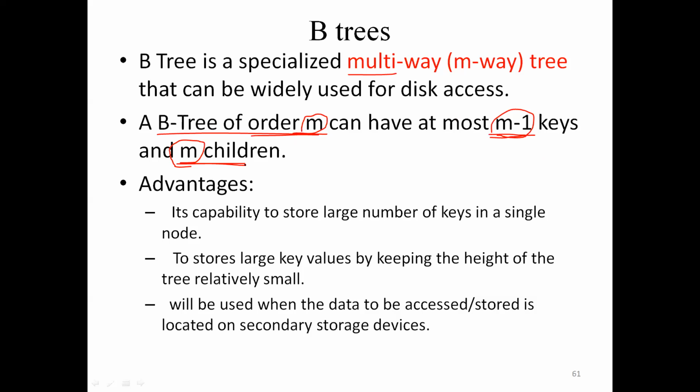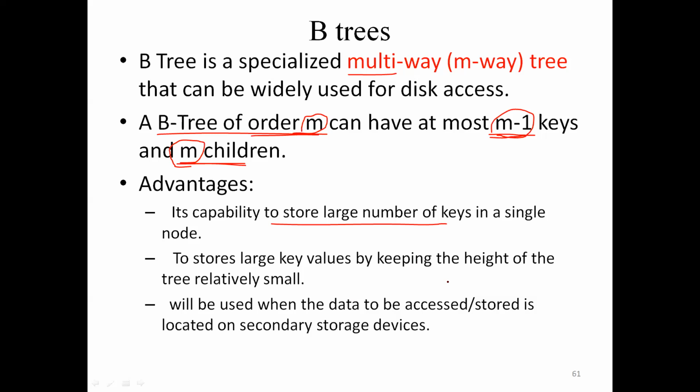So what is the advantage of this B tree? It is capable of storing a large number of keys in a single node, storing large key values while keeping the height of the tree relatively small. Instead of having n edges in the tree, we keep the tree height as small as possible, so that all the elements are accommodated in minimum levels.